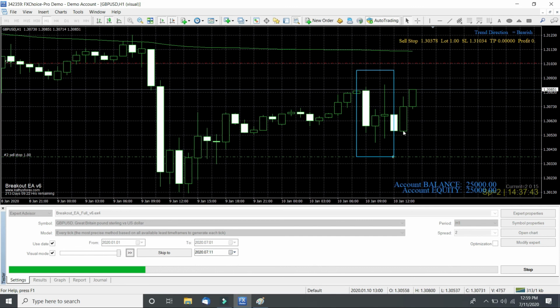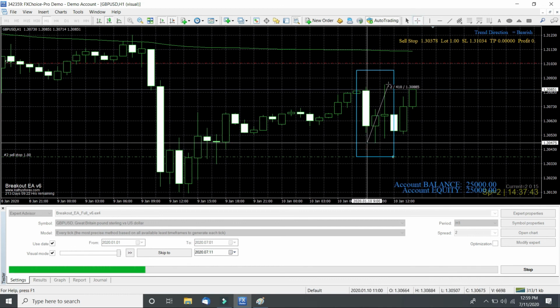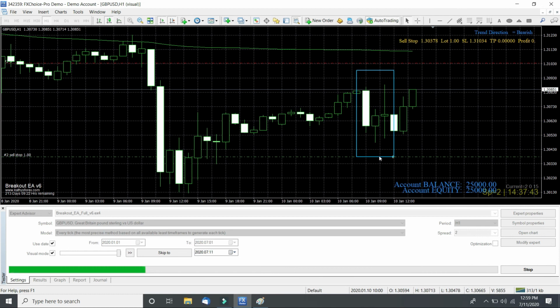And this is our box, and our zone is actually from here to here, which is 40 pips, and we got 5 pips here and 10 pips here, and this is our stop loss right there. Okay, so everything is placed, and let's see what happens to this trade.